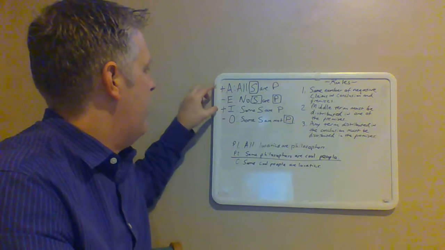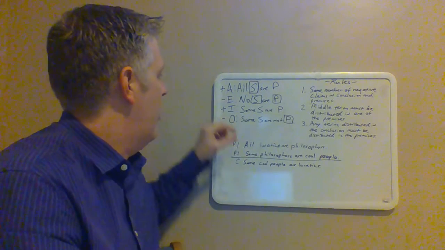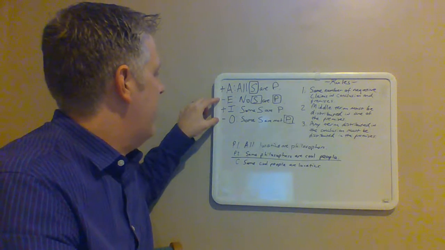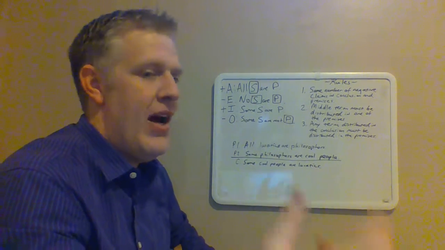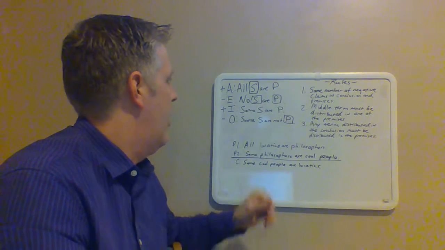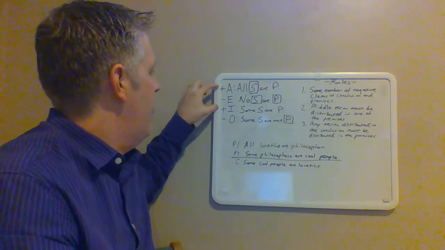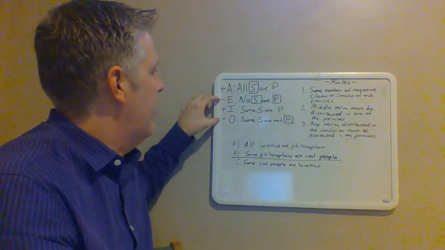Specifically, A and I claims are affirmative claims. They're inclusive. Whereas E and O claims are negative claims, they are excluding. Something is not something, or no something or other. So we have the idea of affirmative and negative.